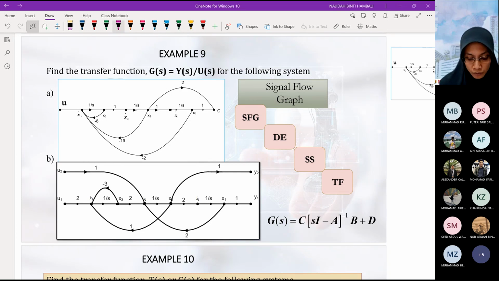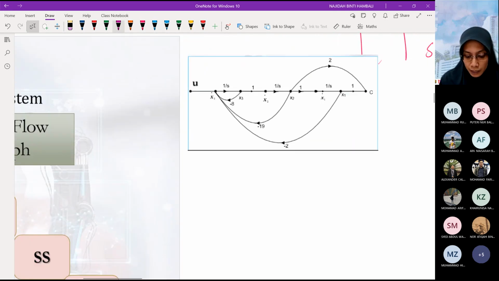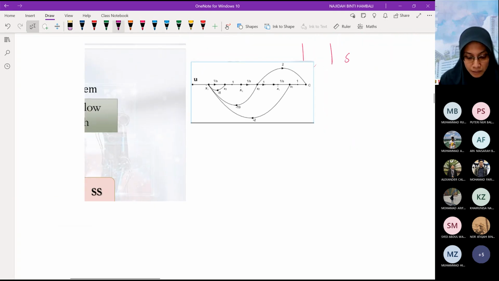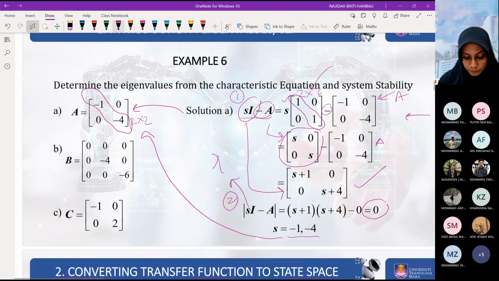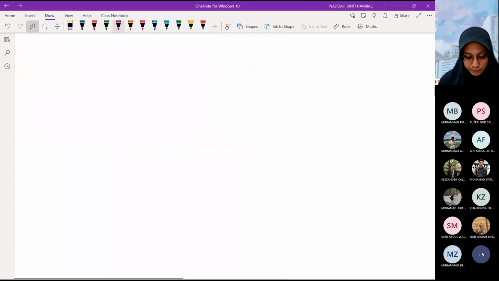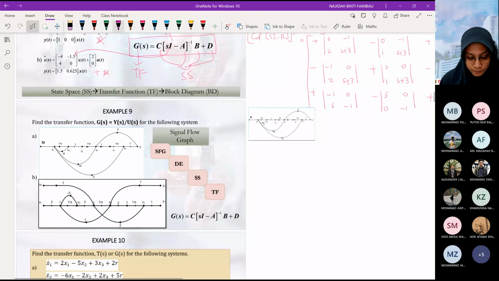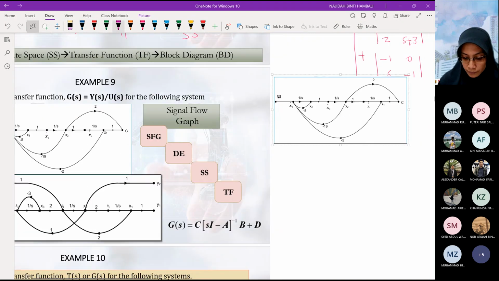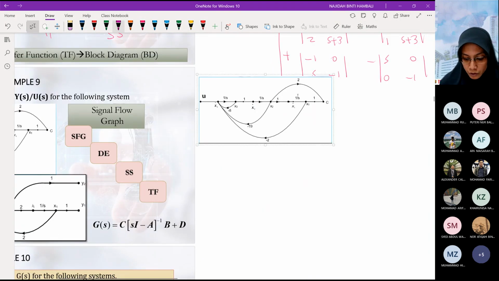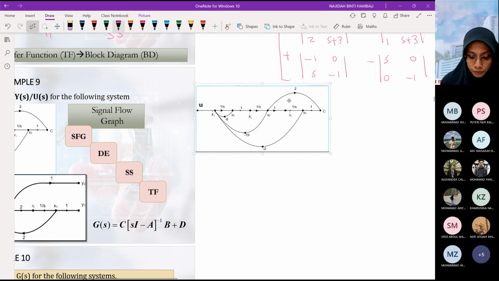So from the signal flow graph, okay, for example 9A, this is your signal flow graph.